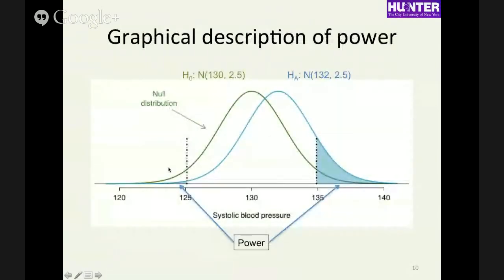So we're going to start with this assumption that the null hypothesis is true. And remember that we're going to reject it if we get a mean that is outside these two critical regions, the minus 1.96 and 1.96. And now under the assumption of this alternative hypothesis, we can calculate the probability of getting a value in one of those two regions.